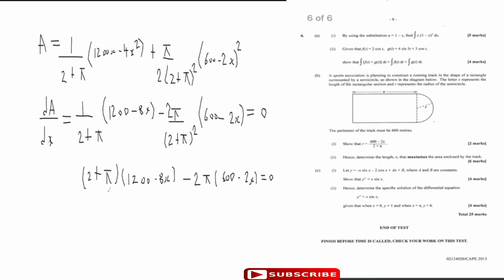Expanding them across, I'm going to get 2 times 1200 is 2400 minus 2 times 8x is minus 16x plus 1200 pi minus 8x pi minus 1200 pi.